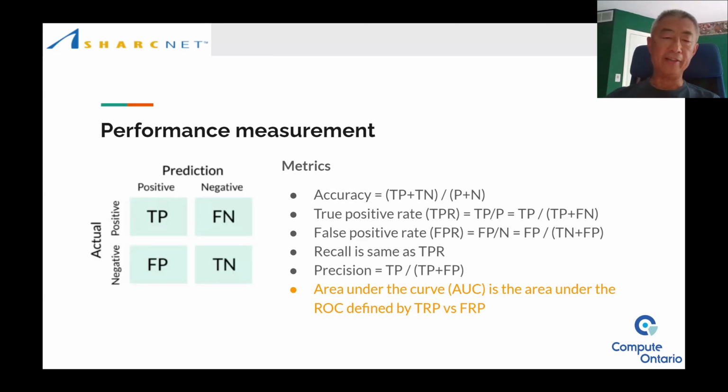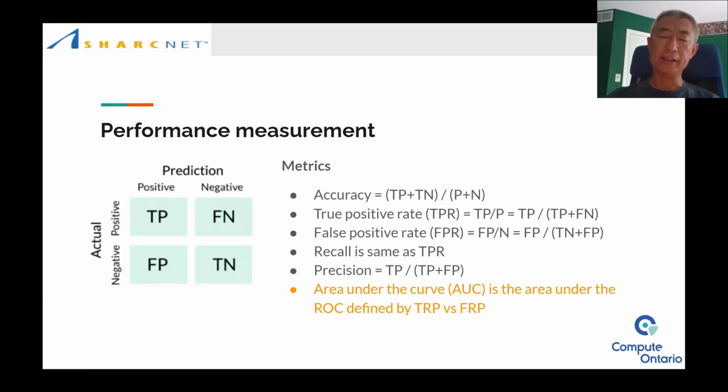So TN and FP are defined in similar ways. From the confusion matrix, we can derive some metrics like accuracy, true positive rate, false positive rate, recall, and precision. And the last one is the area under the ROC curve.